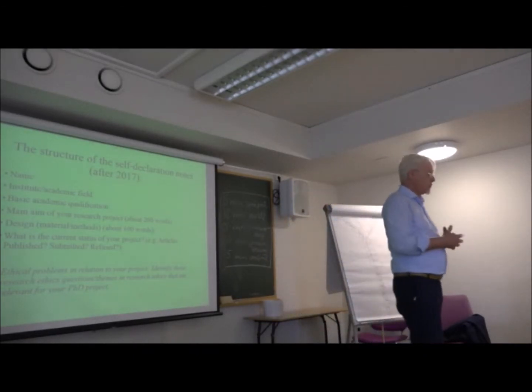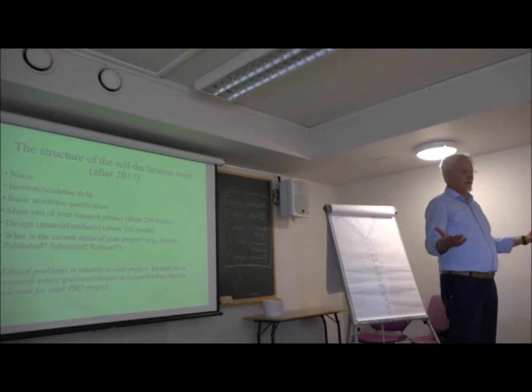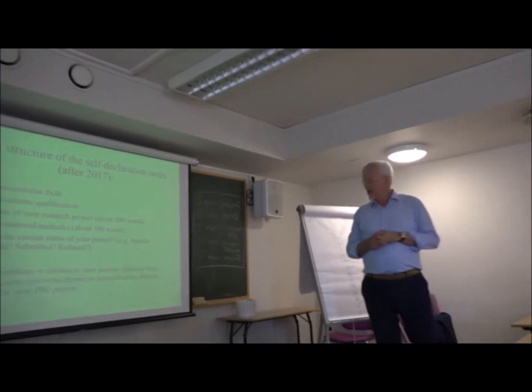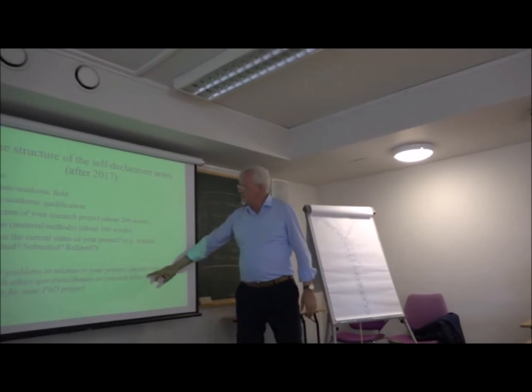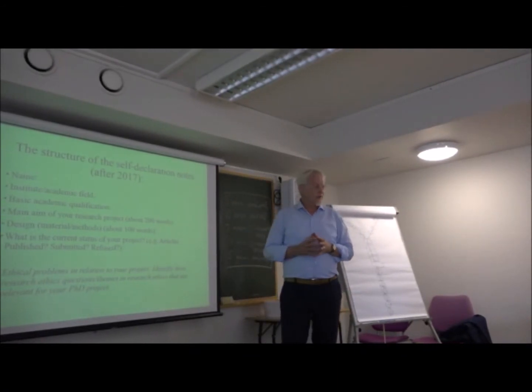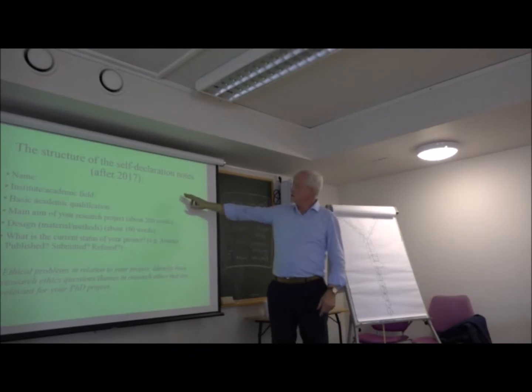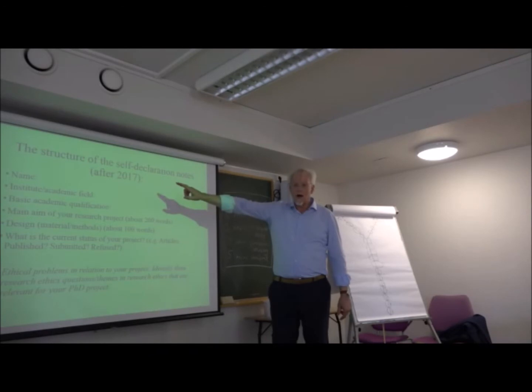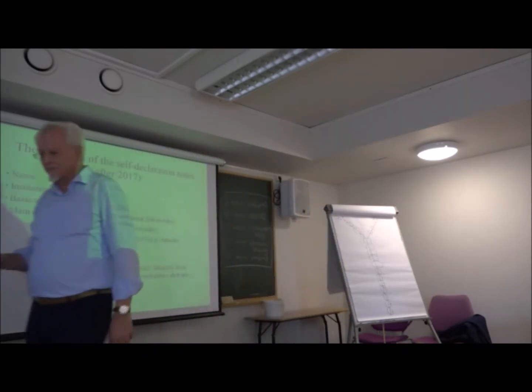Have you submitted, or have you experienced the refusal from a journal? And then they are asked to identify ethical problems in their own project. This was how the self-declaration note looked from the autumn of 2017.